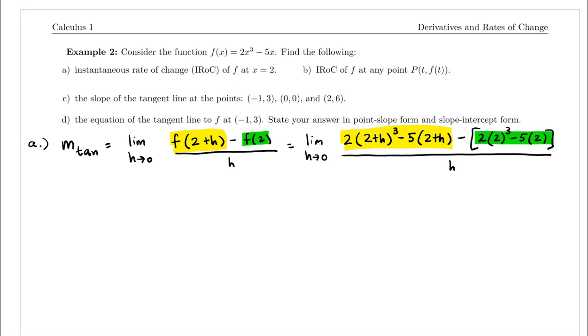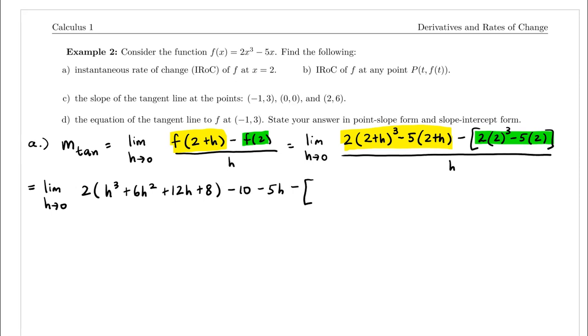Let's go ahead and simplify our numerator now. I need to cube 2 plus h. Again, you could use the box method, you could FOIL, you could also use Pascal's triangle if you know that method. Now I'm going to distribute the negative 5 into those parentheses. So we would have minus 10 minus 5h.